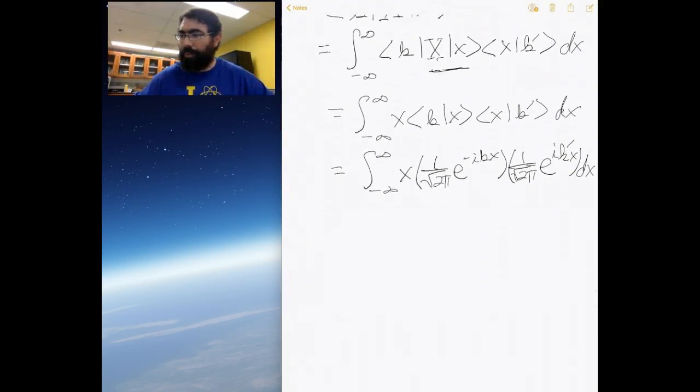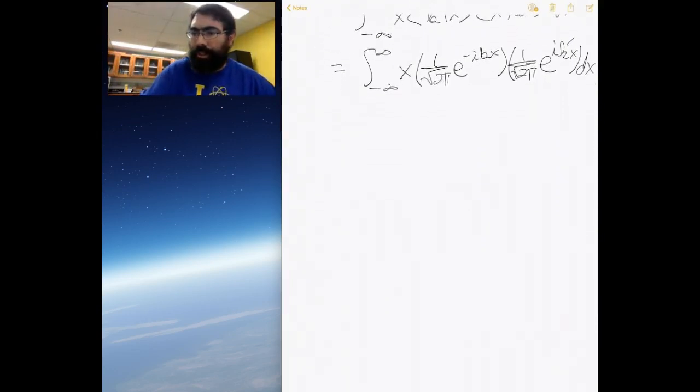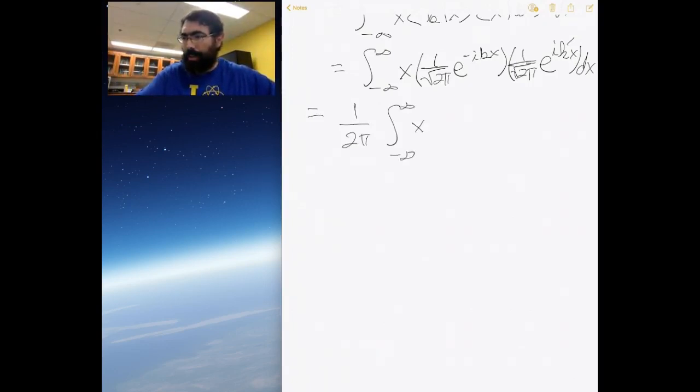So let me make some more room, and we'll now clean up this integral. The 1 over square root of 2 pi factors I can multiply together and pull out front. So I get 1 over 2 pi, and then I get x times e to the i (k prime minus k) times x, integrated over the space x.